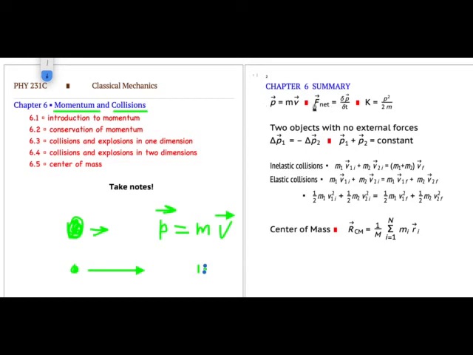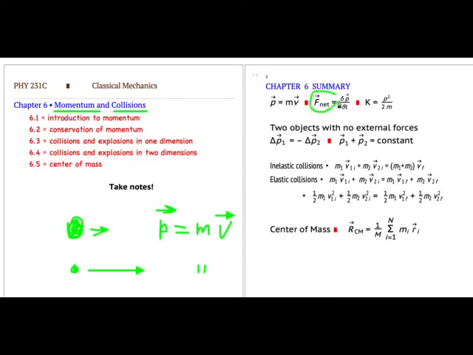Now, Newton's second law says that the net force acting on an object is the rate of change of the momentum of that object. We could write it as F equals delta P divided by delta T. That's sort of the wrong way to look at it, actually.